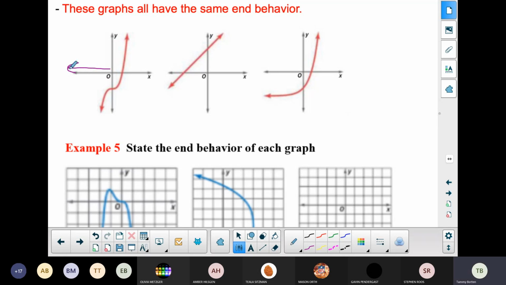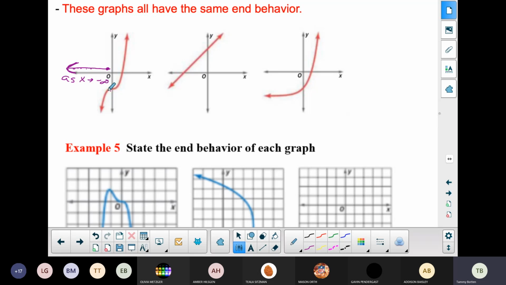As you go towards the left on a graph, your x is approaching negative infinity. So think about if you start at 0 and you keep going along this line, your x is going to keep getting smaller and smaller. So your x is approaching negative infinity.